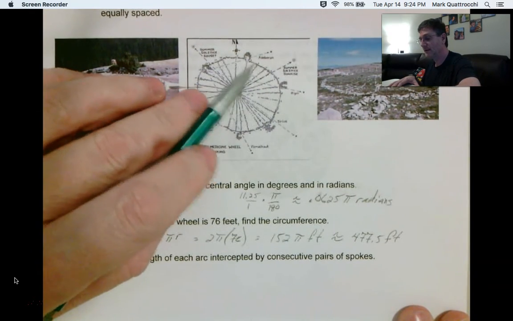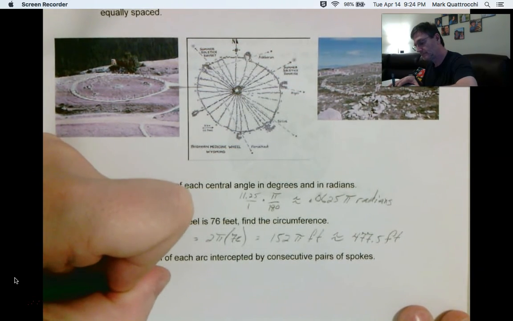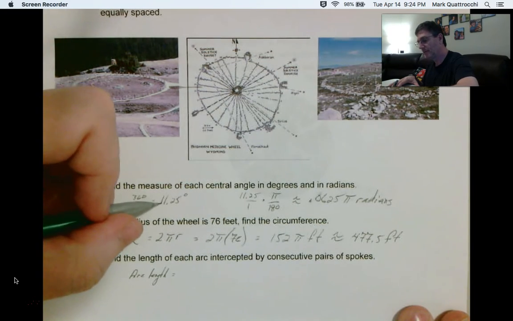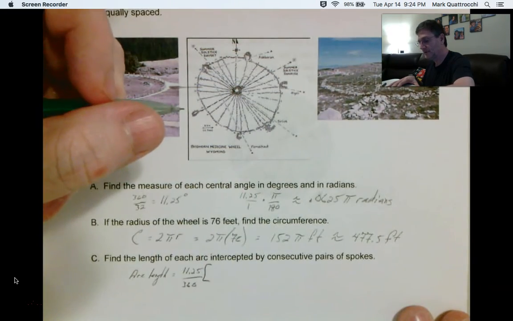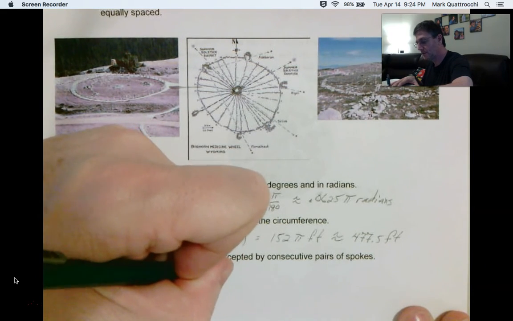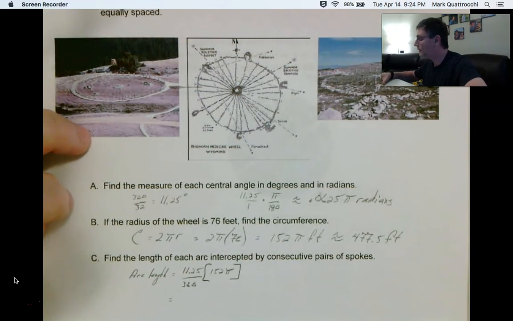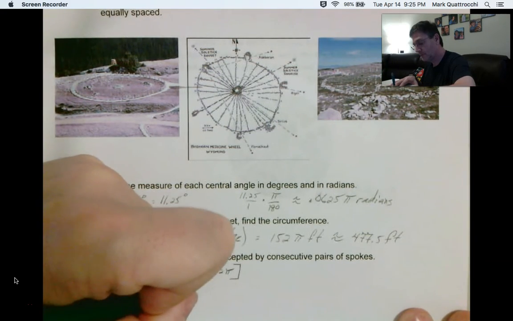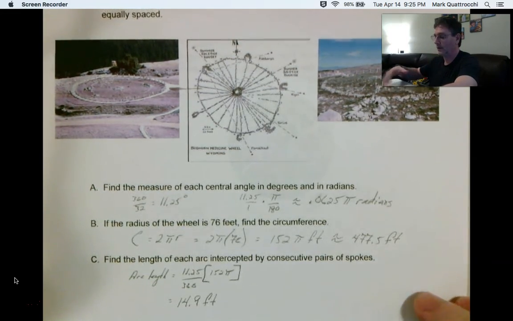So find this length, this length, this length, this length. So arc length equals arc measure, 11.25 over 360, times circumference, which we just found, 152 pi feet. 11.25 divided by 360, and we get approximately 14.9 feet between each of the different stops around the outer portion of this Native American medicine wheel in northern Wyoming.